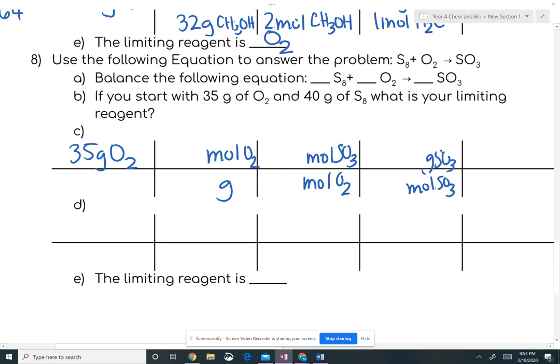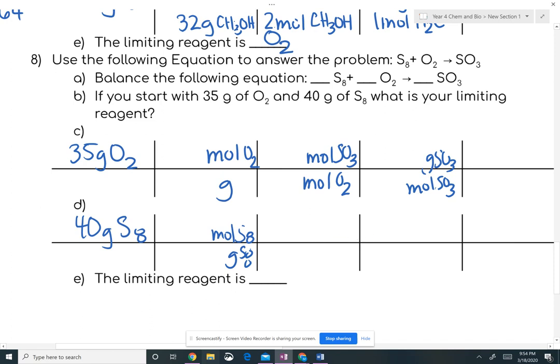And the same thing with S8. You start off with 40 grams of S8, and then you do the same thing. You would have moles of S8 over grams of S8, and then you would do the mole ratio. Oh no, my bad.